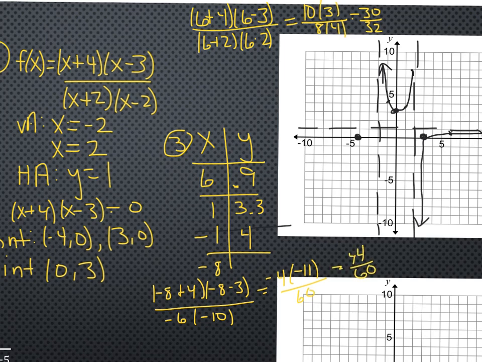It's really close to 2/3, about 0.7. So negative 8 and 0.7 is somewhere about here. And remember, our end result graph is going to approach the asymptote. Ta-da! Try that you try.